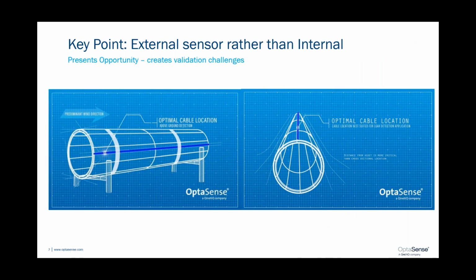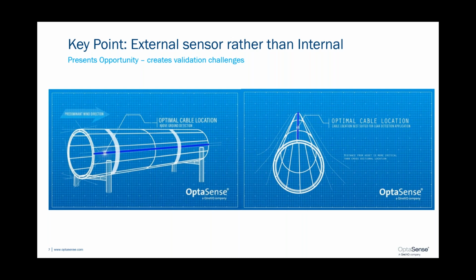Where is the fiber? As I mentioned, it might be a third-party cable that is there for other purposes. Where you would put it depends on the type of leak detection you're doing. If you're working on an above-ground pipeline, the best place is taped to the side of the pipeline and perhaps strapped as well.